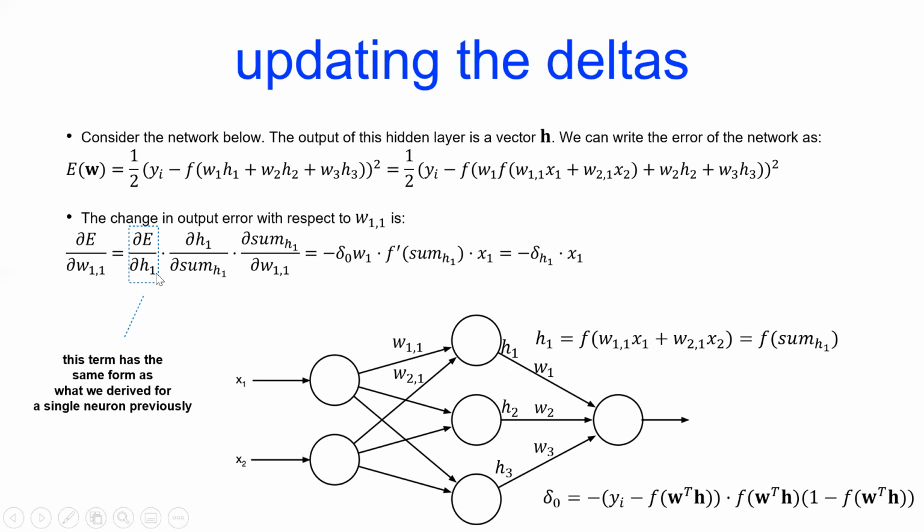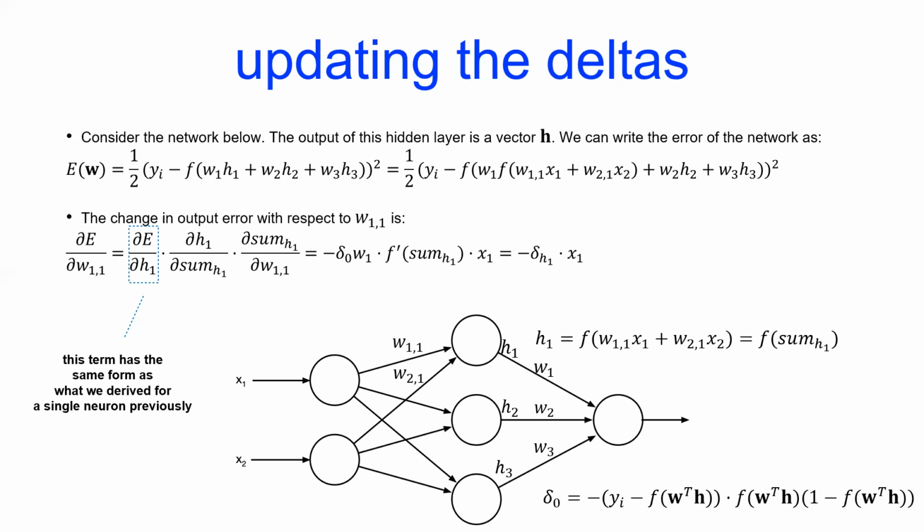There is only one difference. In the previous slides, we were talking about the change of the error with respect to W1. The W1 is this guy. But now we are talking with respect to H1. H1 in the previous example was your input. But W1 and the input have a linear relation, so if you take the derivative with respect to one, you get the other.